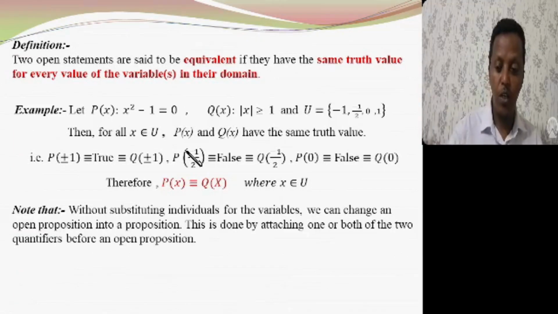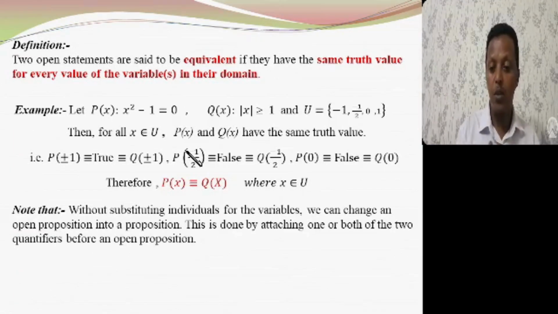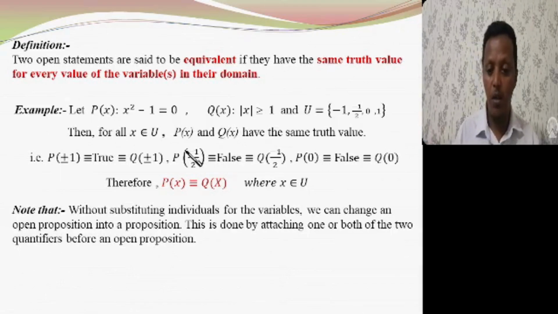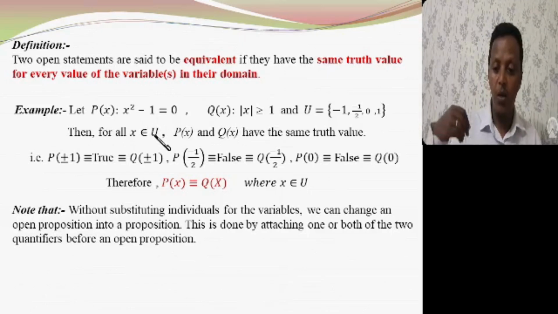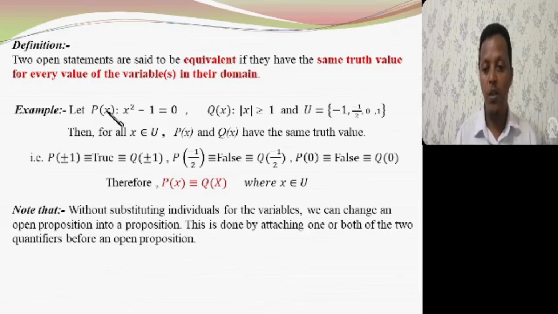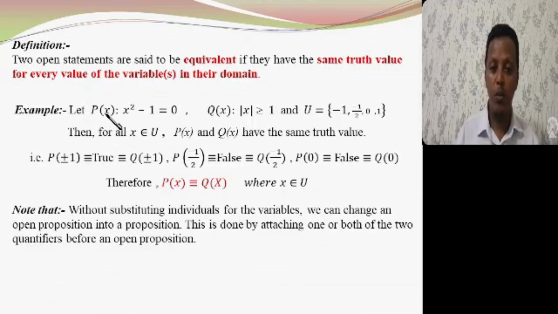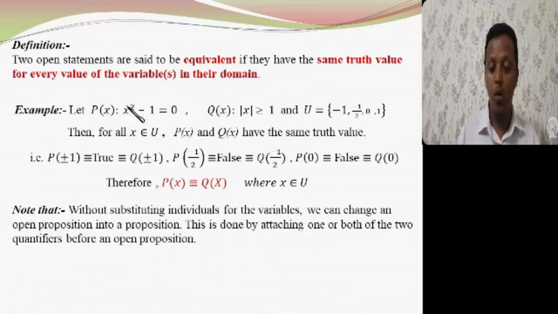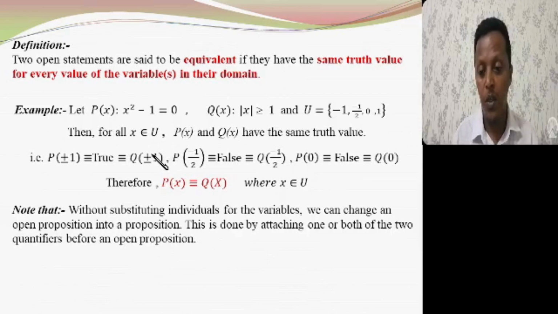Equivalent. To change an open statement into a statement, the first method, like we did in this example, is what? By replacing the variable with a value from the domain, you can convert an open statement into what? A true or a false statement. This is one way of changing an open statement into a statement.